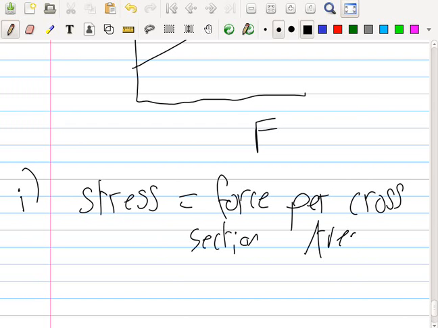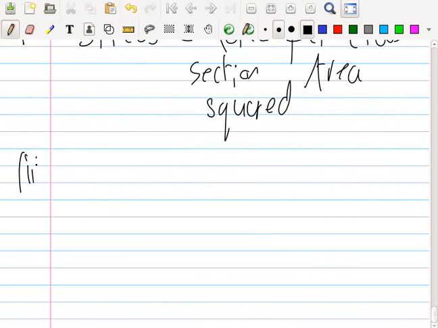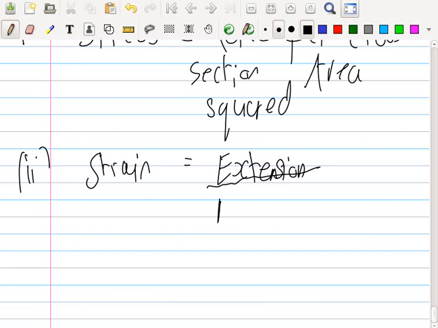Now the only reason I say cross-section, force per, I should actually really write the word unit in here as well. Unit cross-section area. Cross-section just meaning the area at the tip if you're looking down it. And what's strain? Strain is the extension over natural length.